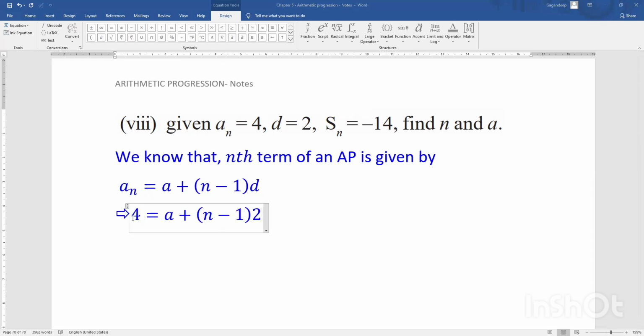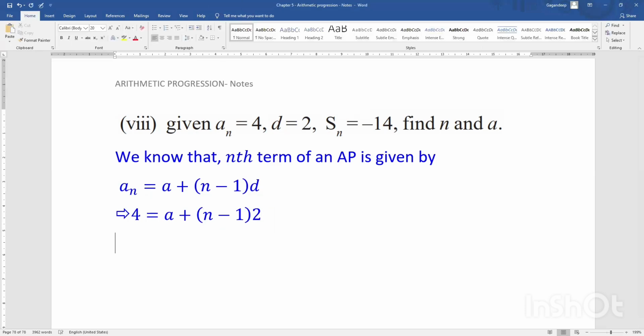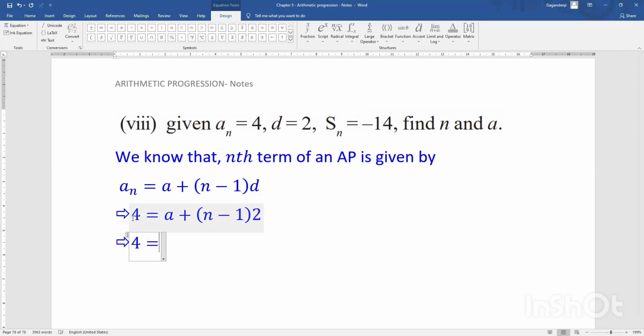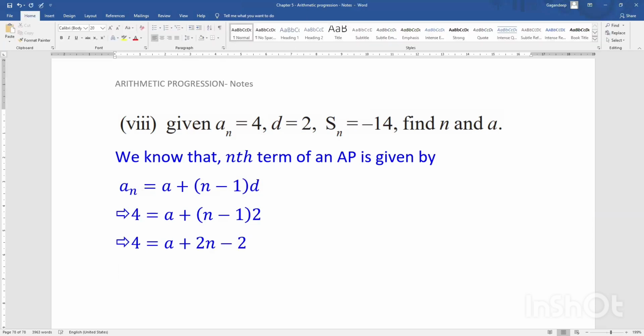In my next step, I write it as 4 equals a plus 2 into n is 2n minus 3. Or we can write it as, this minus 2, transpose it to the left hand side.